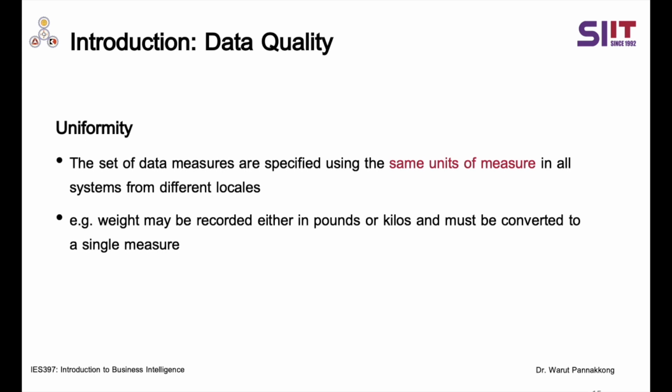If it appears in different units, it must be converted to the same unit of measure because we are working with numbers. If we are comparing apples to oranges, it's going to give a bad result. Basically, if we are comparing different units, it's going to be an error in the interpretation.